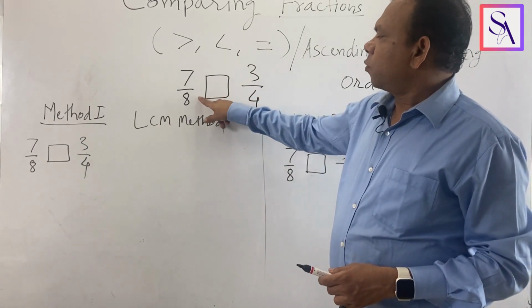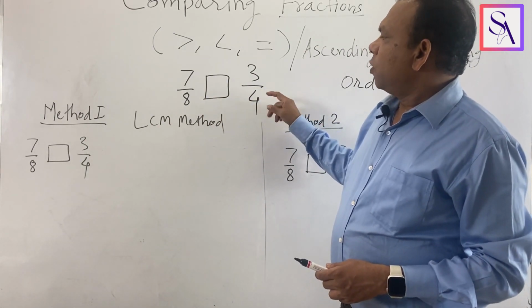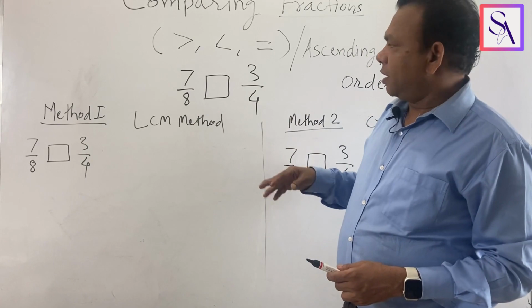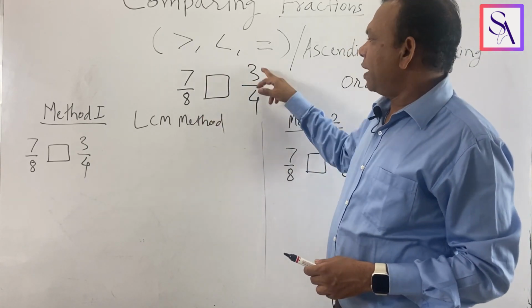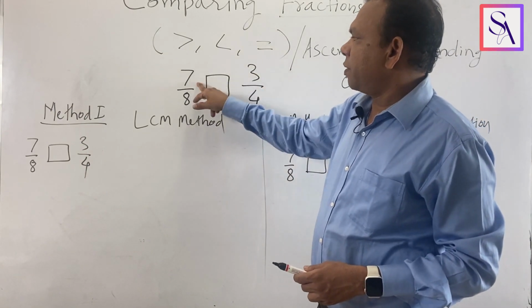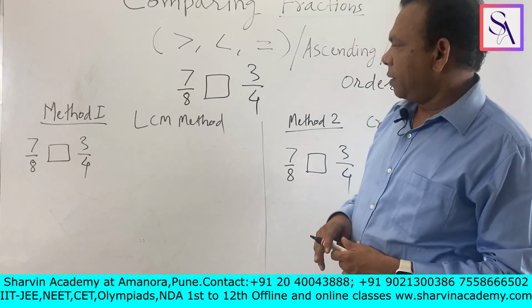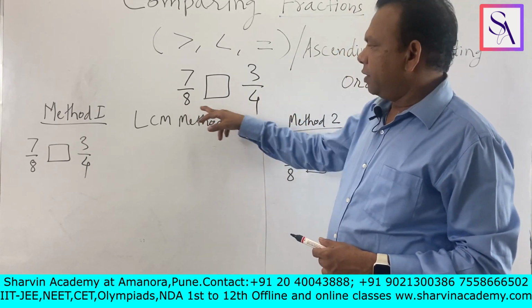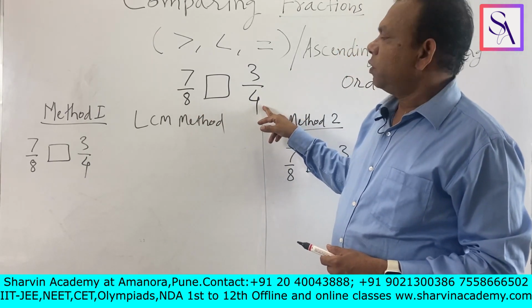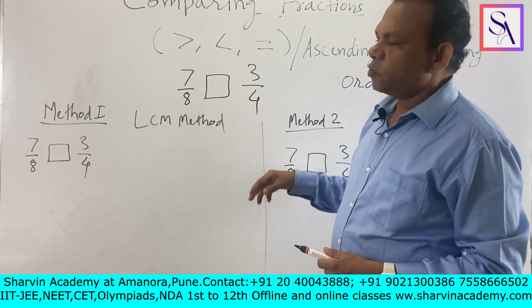We need to find out which one is greater. So here our simple method, like if there is a 1 here, then it is easy to identify, but 1 is not here. Here 3 is there, here 7 is there. That method is not applicable. Again, two denominators are not same. This 8 and this 4 are not same. So we cannot directly identify which one is greater.